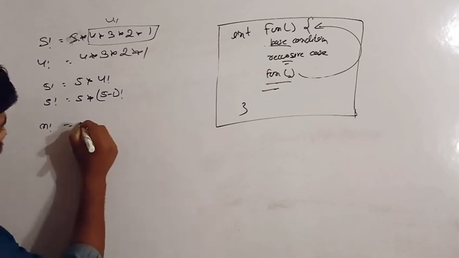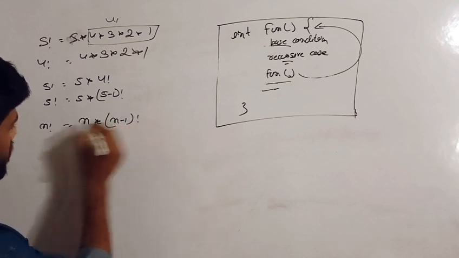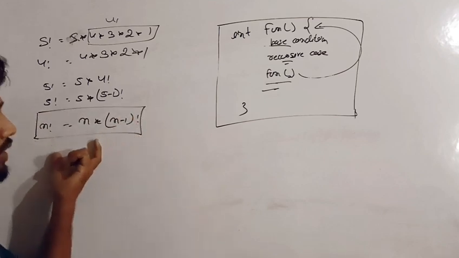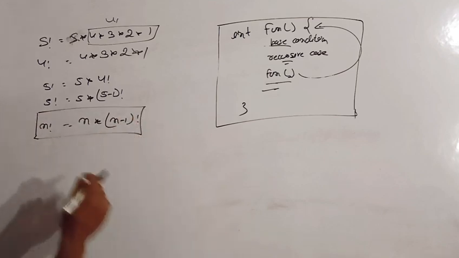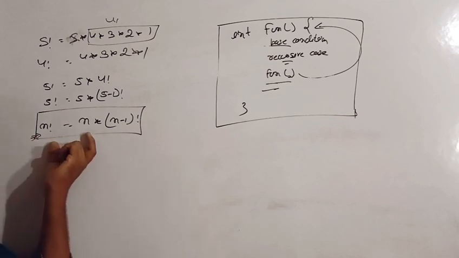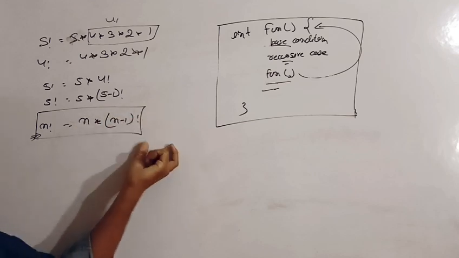Factorial of n is equal to n into factorial of n minus 1. This is the case to solve the factorial. But only this cannot solve it, we have to mention the base condition.